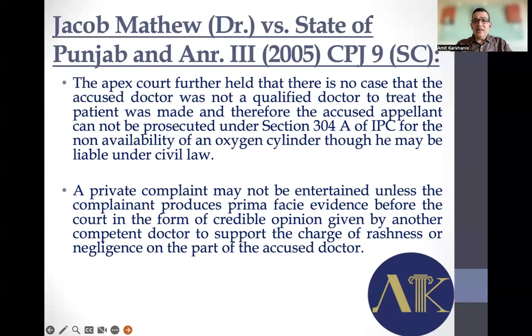Earlier, in Dr. Martin D'Souza versus Ashfaq Khan's case, the Honorable Supreme Court had said that even a civil case cannot go forward without an expert opinion, but that judgment has been held to be per incuriam by a subsequent judgment of the Honorable Supreme Court in the Nikhil Super Specialities case, where the court has clearly given guidelines that it is the forum or the court which will decide whether they need the medical opinion or not. So it is for the civil courts, it is not compulsory anymore.